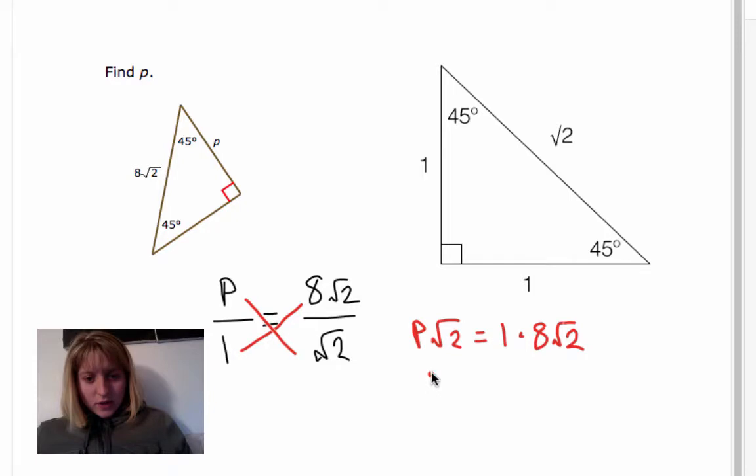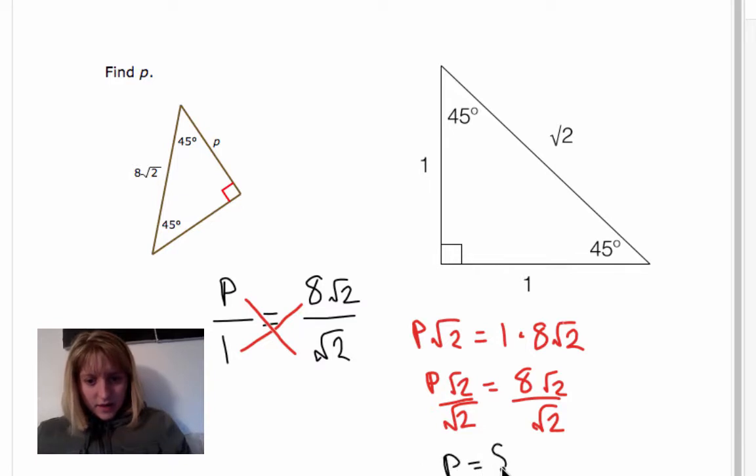Now the 1 can just go away and we get P square root of 2 equals 8 square root of 2, since 1 times anything is itself. I'm going to divide both sides by square root 2, and I get P equals 8. Simple as that. The sides to this triangle are 8, 8, and 8 square root of 2.